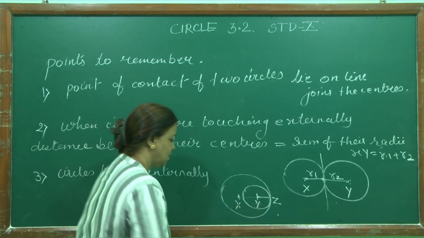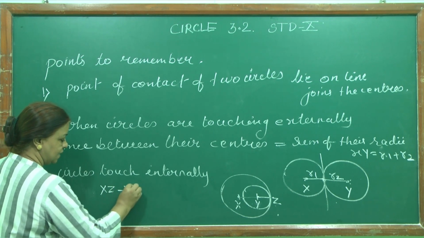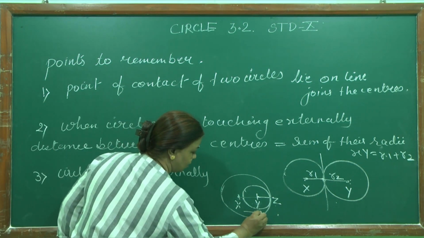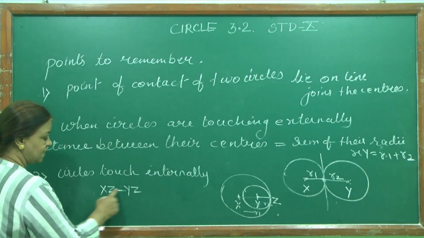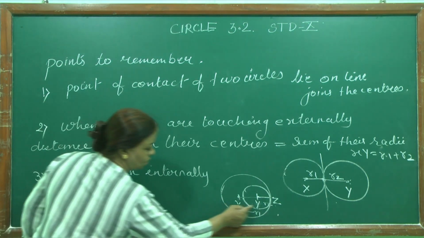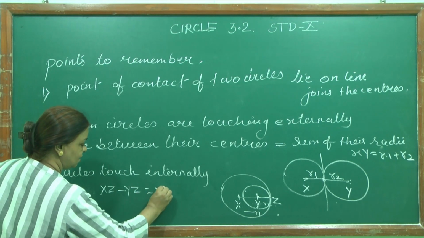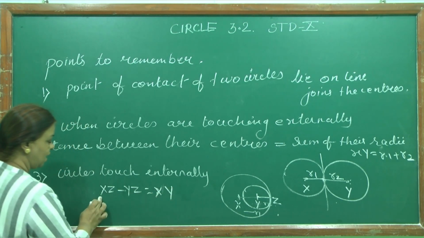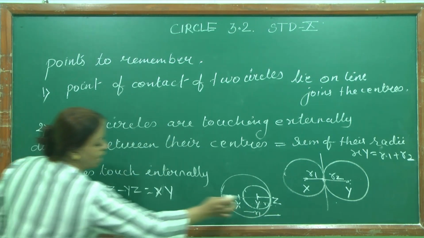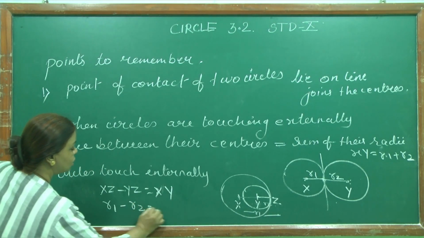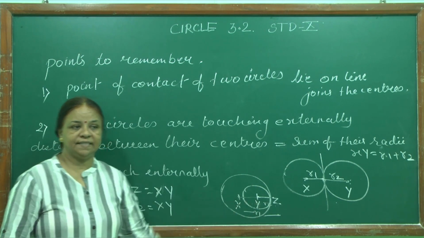So what is the distance? It would be xz minus yz. xz is r1, yz is r2. So xz minus yz, big radius minus small radius, will give you xy. So r1 minus r2 is equal to xy. xy is the distance between the two centers.